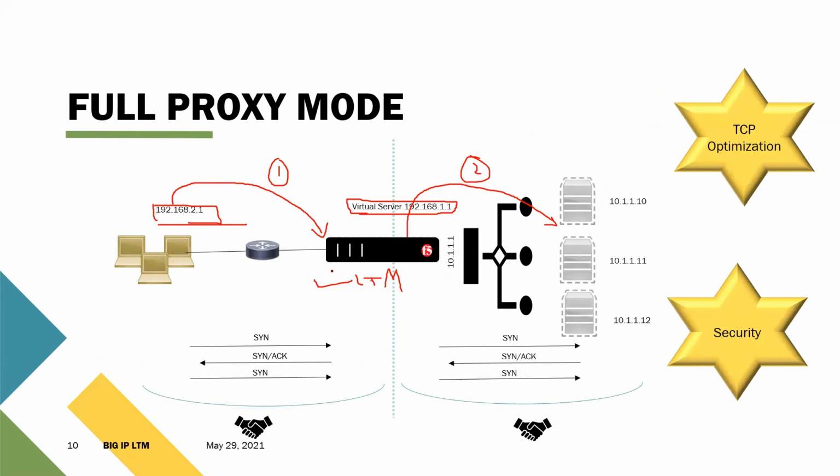Now, if we know that we have two sets of TCP communications happening, we can manipulate these TCP connections according to our need. What I mean by that.